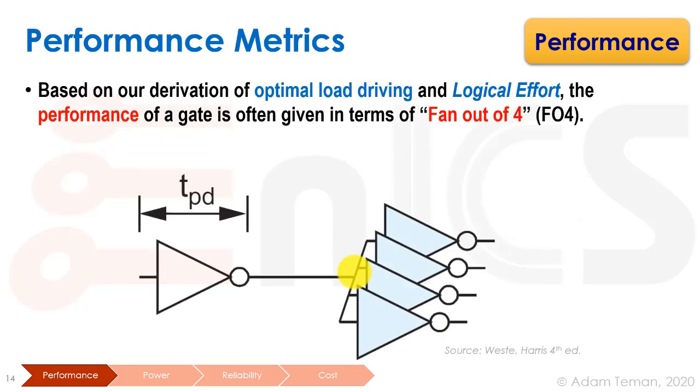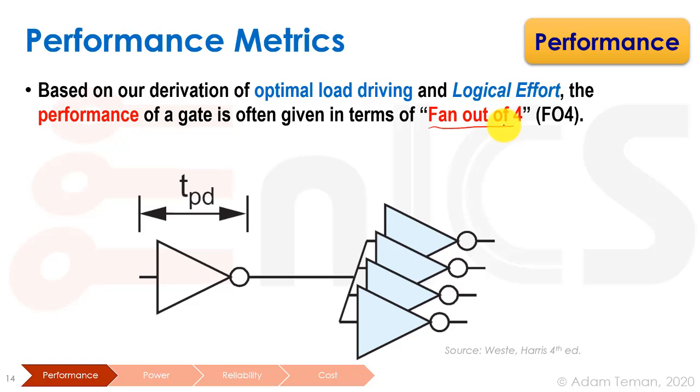So those are our main performance metrics, but another thing that is often used as a kind of normalization of propagation delay is what's called the fan out of 4. We learned about optimal load driving and logical effort, and we know that we often want each gate to drive a load that is 4 times its size, or 3.6 or something like that. But anyway, it brought in this common terminology of fan out of 4.